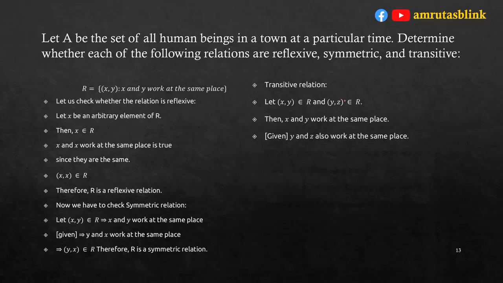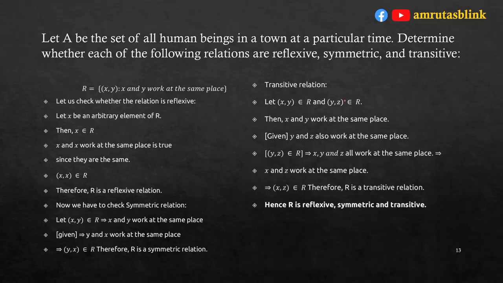So obviously x and z are working in the same company, and hence (x, z) also belongs to R, and hence this relation is also transitive. So R is {(x, y)} such that x and y work at the same place. This relation is always reflexive, symmetric and transitive.